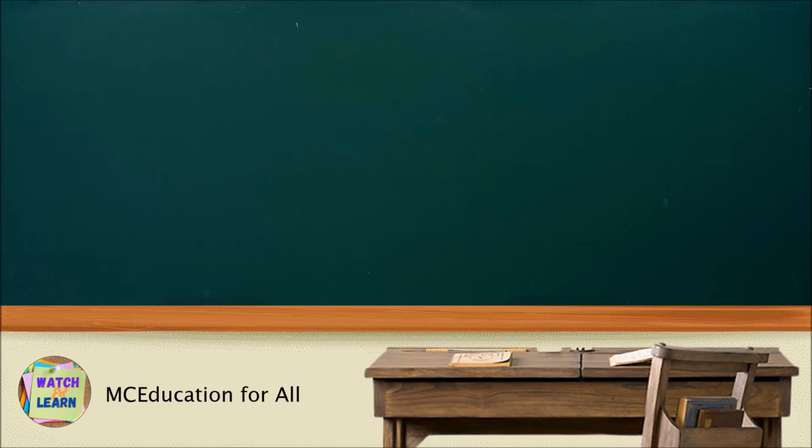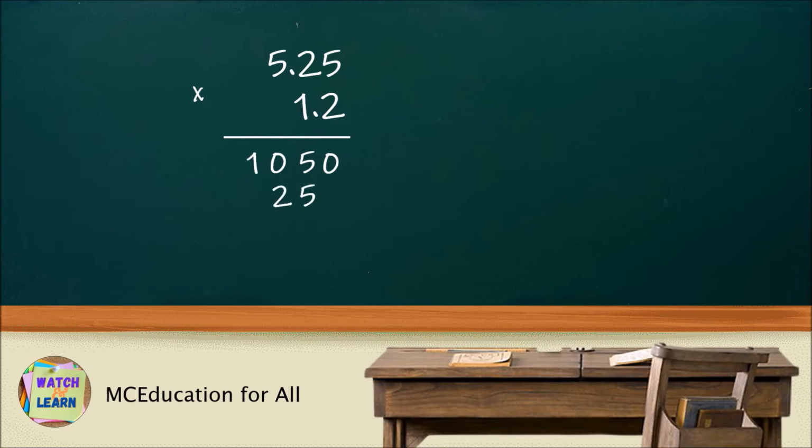Next, 5.25 times 1.2. When you're done multiplying, make sure that you keep all the zeros in the product while placing the decimal point.